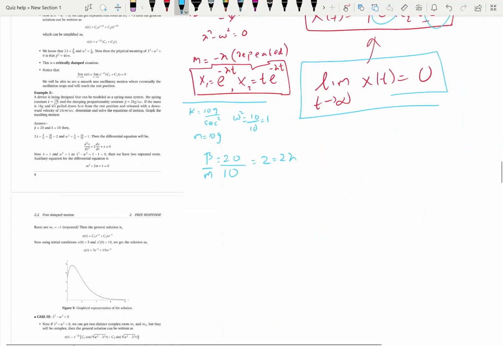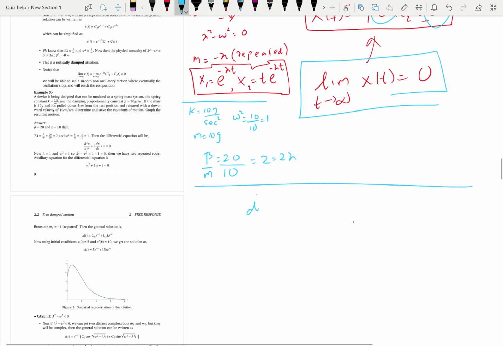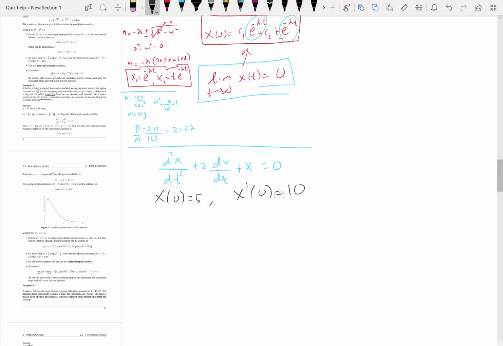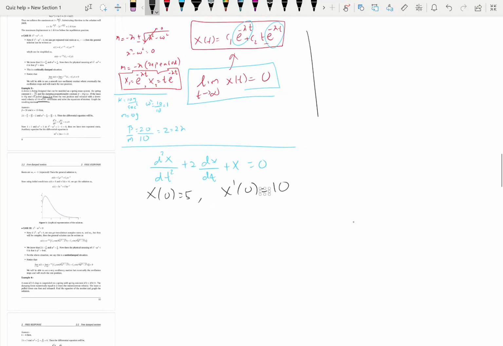So we can formulate the differential equation as this: d squared x over dt squared plus 2 dx over dt plus x is equal to 0. Okay, good. Now the initial conditions: if the mass is pulled down 5 centimeters, that means x0 is 5, with a speed of 10 centimeters, so the speed x prime is 10. All right, so we have the initial value problem.